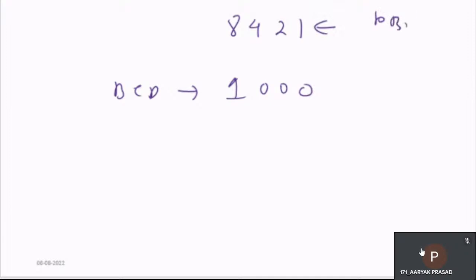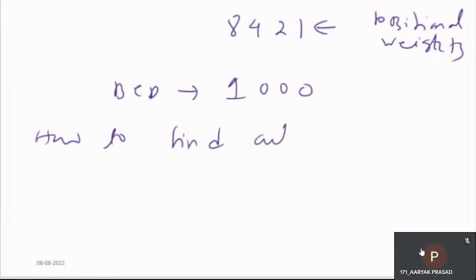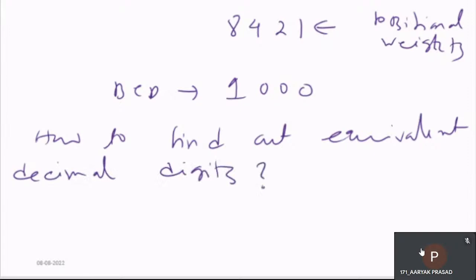So when I write 8421, and when I am writing the BCD code, which is 1000, these are the positional weights. How to find out the equivalent decimal digit?